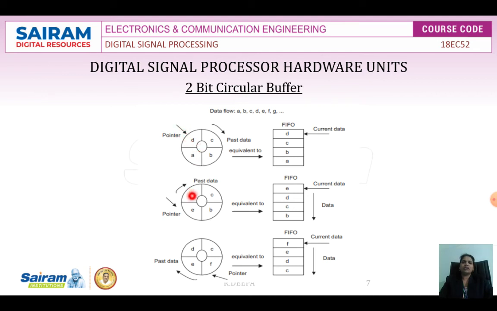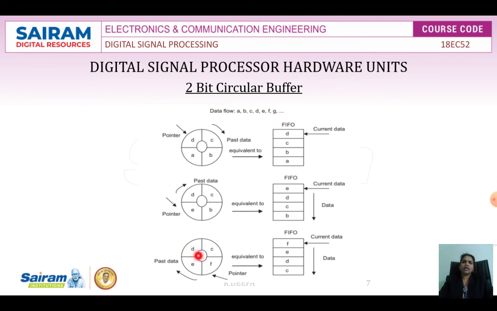When you feed the new data E, the old data will be pushed out, that is, the pointer will point to the new data you have entered. The equivalent buffer is also given here, saved in the first in first out buffer as E, D, C and B.